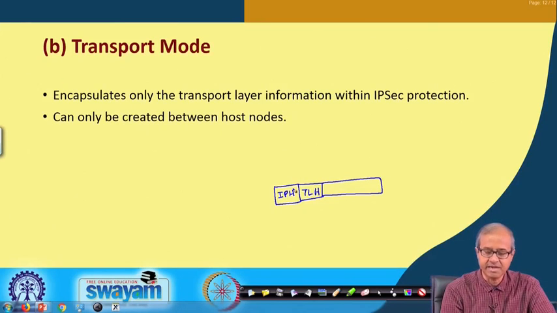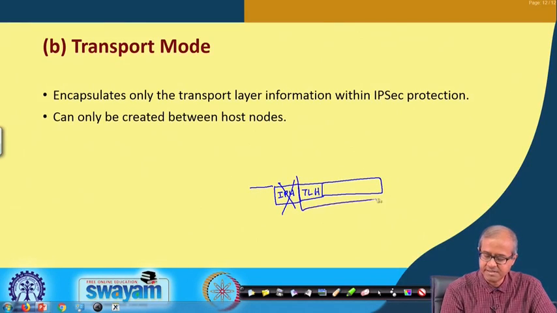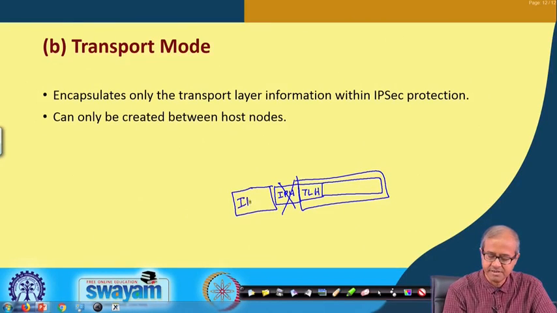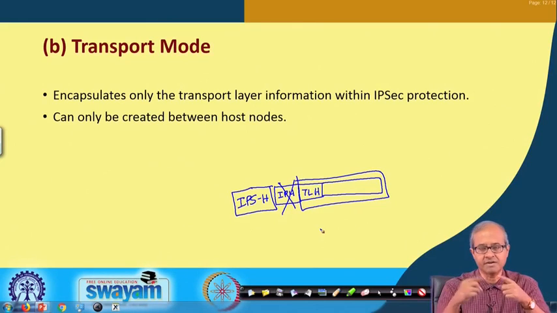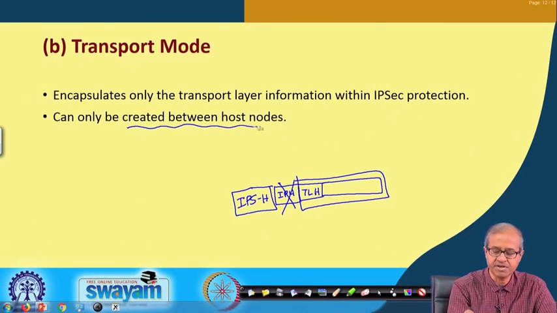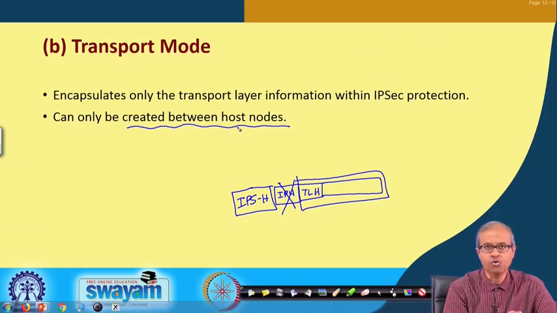But in the tunnel mode the entire thing was carried, whereas here the IP header is taken out. Only the transport layer information is considered as the data part, and the IPsec header is added to it. Because the transport layer is active only between the end to end hosts, this is only possible between two hosts which are communicating.